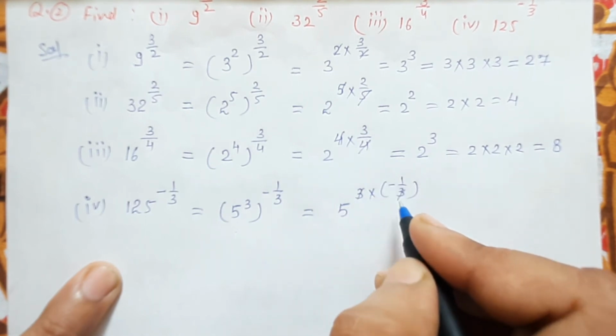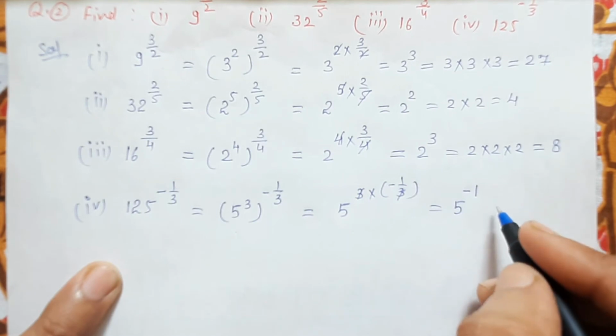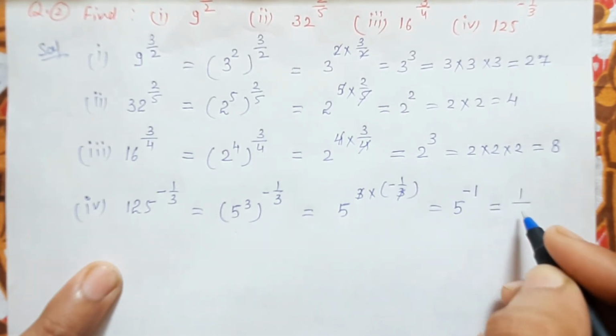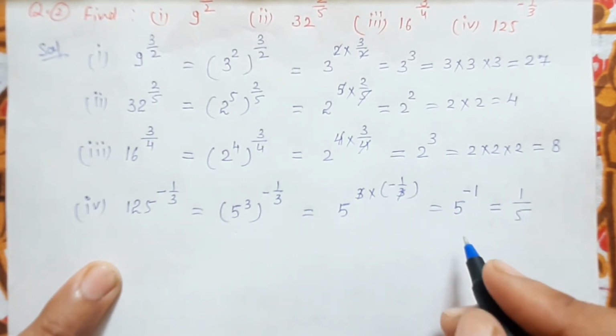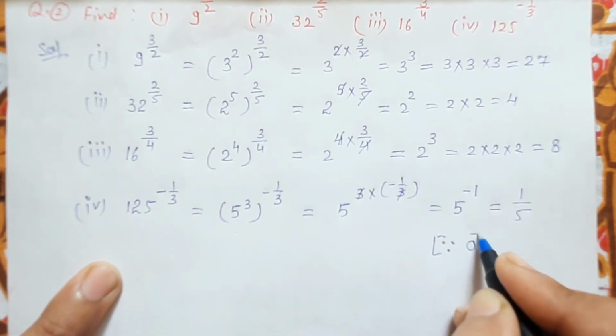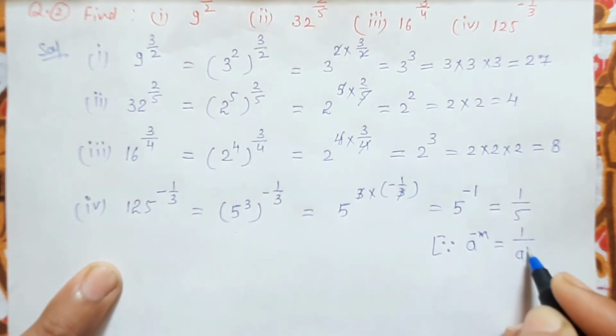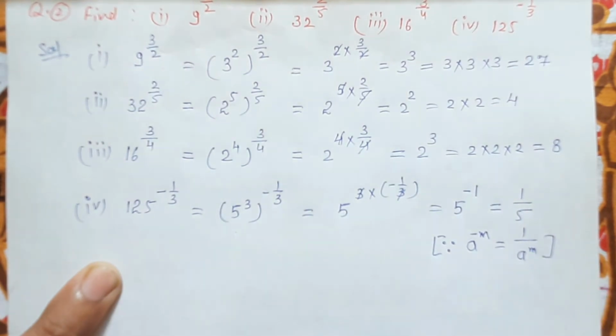The 3 and 3 will be cancelled, giving 5 raised to power minus 1. This can be written as 1 upon 5, because we know that a raised to power minus m can be expressed as 1 upon a raised to power m.